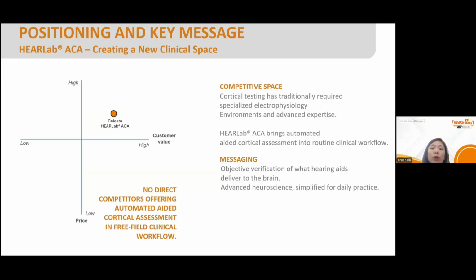You want to know their hearing in real time, and you don't even need many cables on the baby to check their hearing. Then you can use the Celesta: just a few cables, not even wearing the headphones.